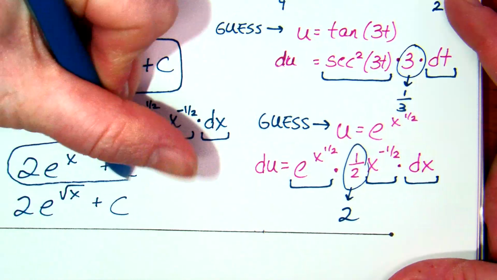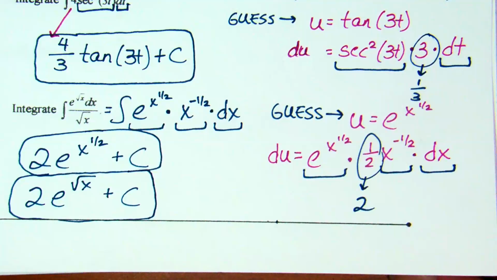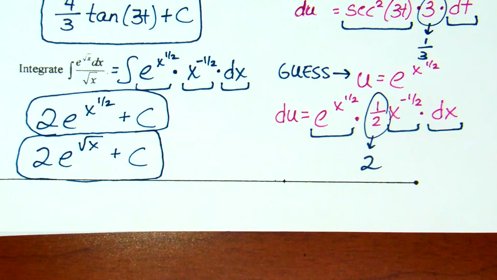Obviously know that they are equivalent. Okay, guys. So that was kind of the extension of integration by guessing. The good news is the parts that don't work out are just different by a constant. So it's just doing the compensation, multiplying by the reciprocal there.